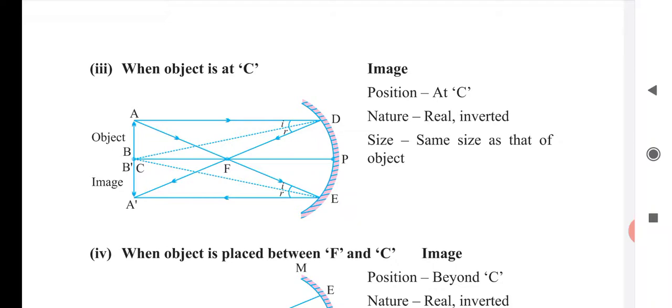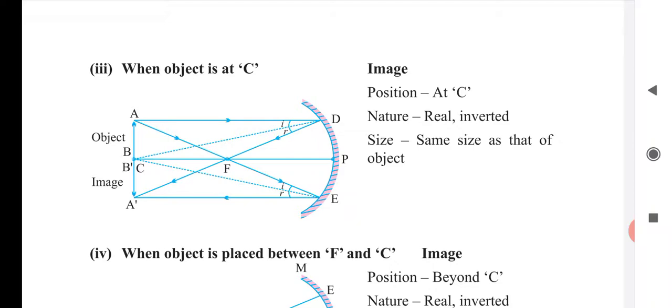So if the object is placed at the center of curvature, the image is also formed at the center of curvature, the nature of the image is real and inverted, and the size of the image is the same as the size of the object. Remember, when you place the object at the center of curvature, you will get the image at the center of curvature. This center of curvature we can say is 2f, or radius of curvature. I already said radius of curvature is nothing but 2 times the focal length.